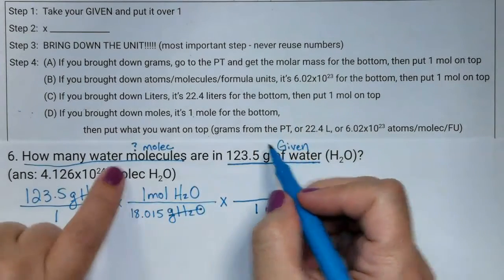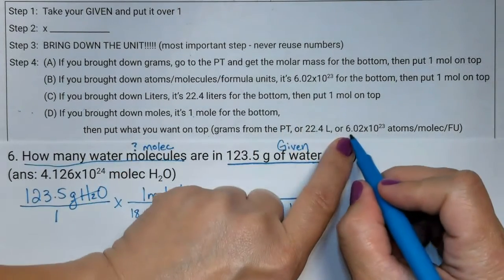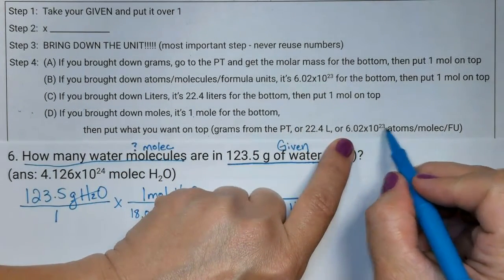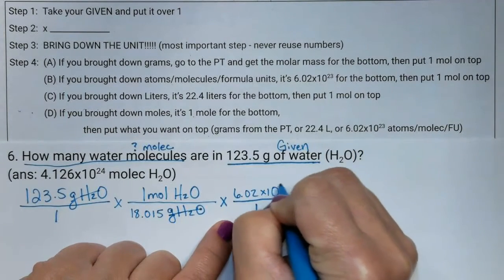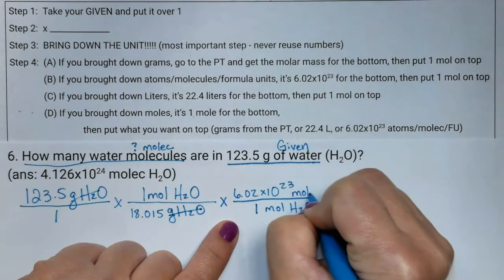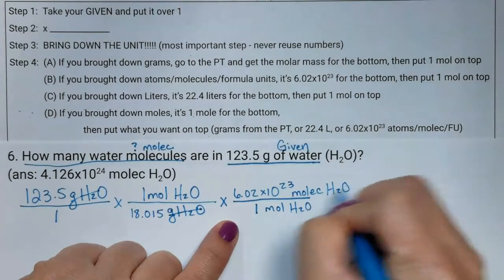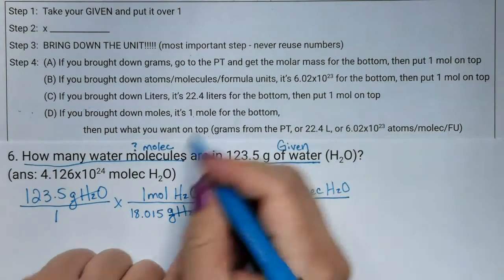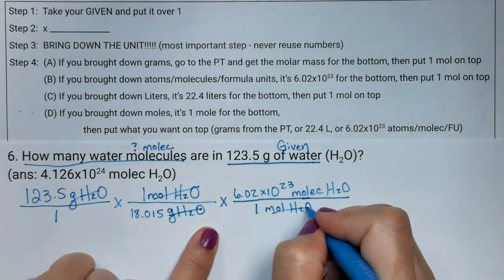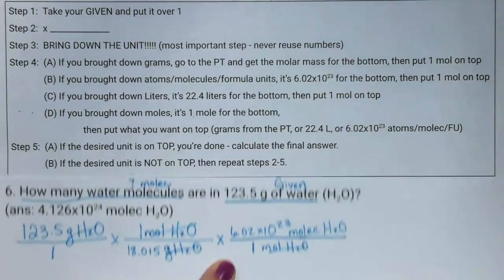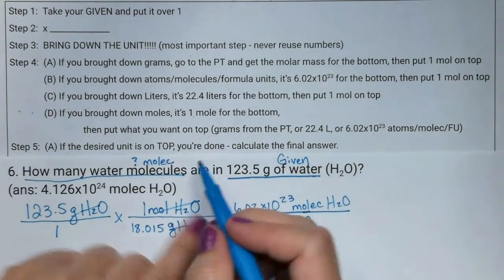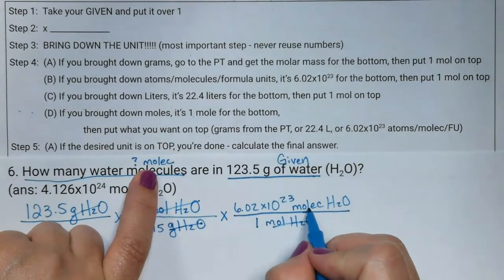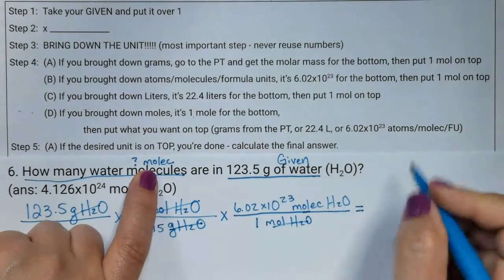So since we want to end up on molecules, we want to use Avogadro's number of molecules here. 6.02 times 10 to the 23rd molecules of H2O. So notice moles cancel. I'm left with molecules. So step 5, if your desired unit is on top, you're done. And it is. We want molecules. We have molecules here. So we're done setting up the problem.